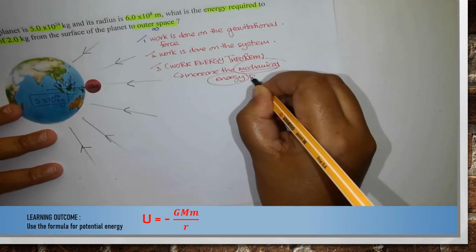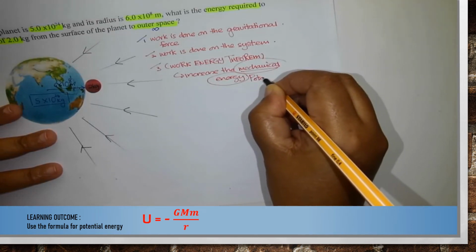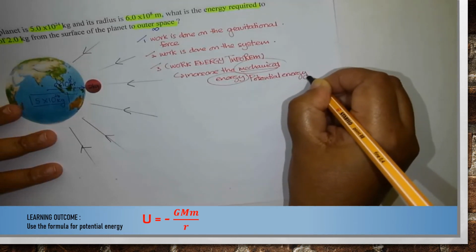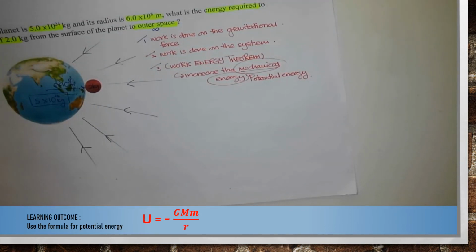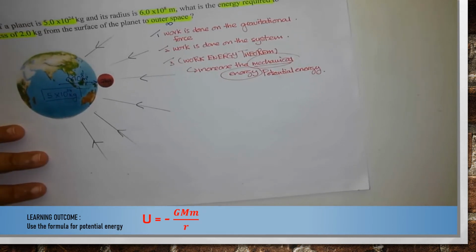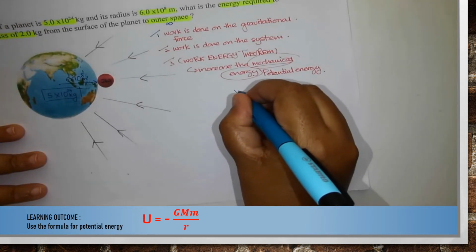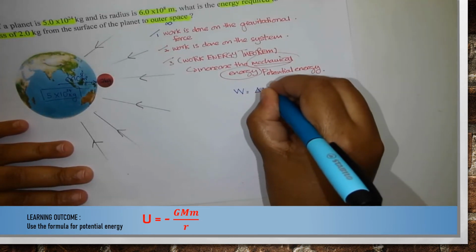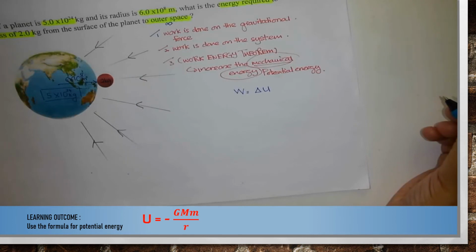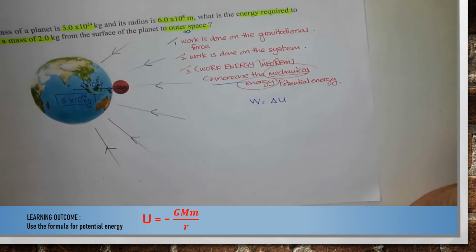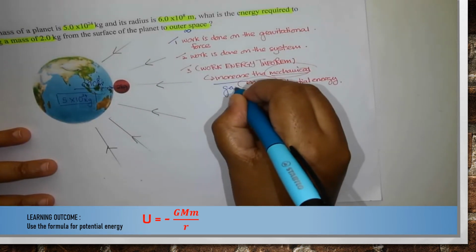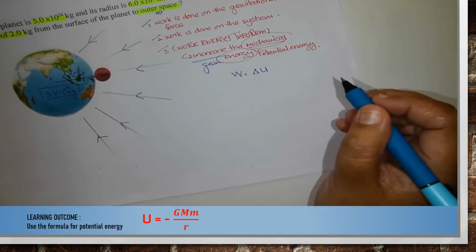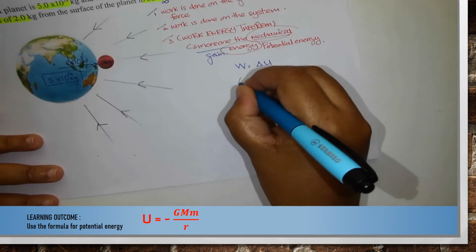It increases the potential energy. So from the concept, W is equal to delta U. We know delta U is a positive value, because of the word increase. Increase can also mean gain. Decrease means loss.